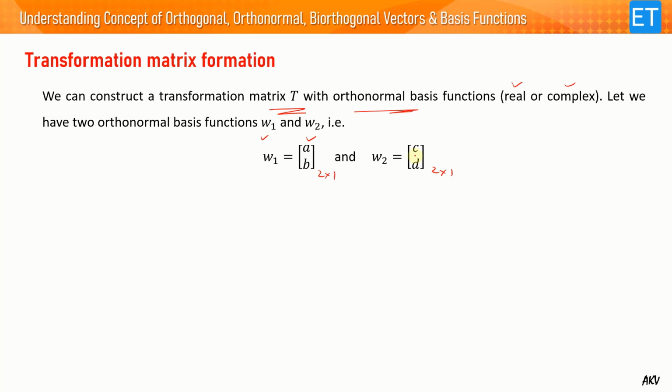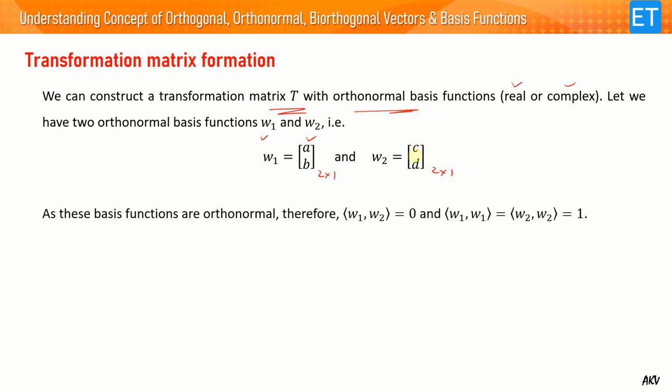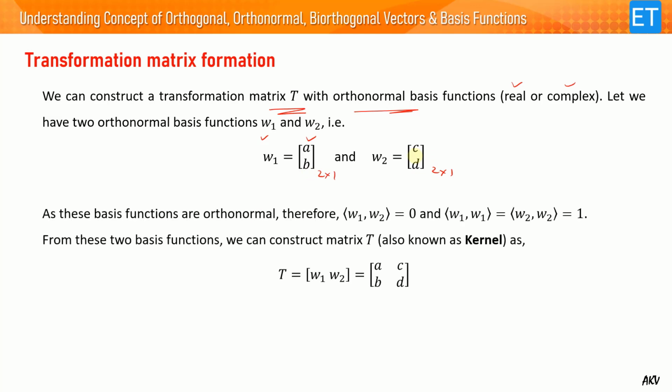So just by concatenating these two, I can make a transformation matrix like this. Just keep them side by side. So AB, CD. This matrix is known as a transformation matrix or kernel. And here, as I said, W1 and W2 are orthonormal. That means their inner product is 0 and the self inner product is equal to 1.